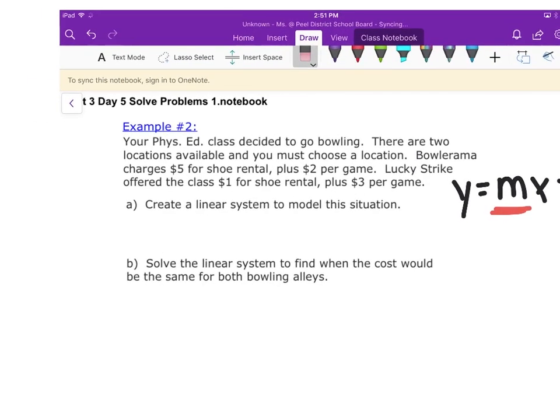Let's do Bowl-O-Rama. I'm going to represent it by $2 per game, because that's the changing variable, plus $5 for the shoe rental.